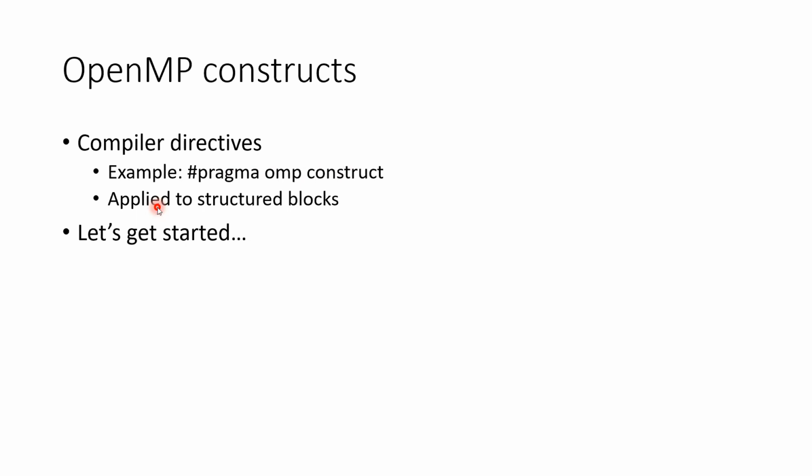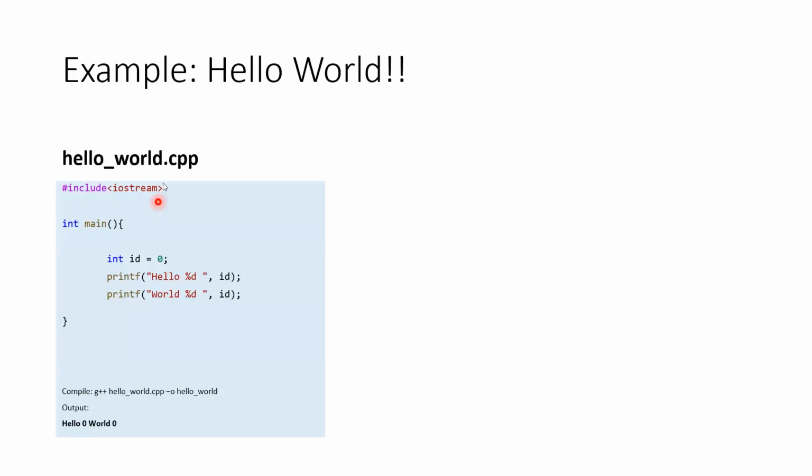So let's get started. Hello world. Whenever we learn any new language, we have to stick to hello world, because it never leaves the world. A simple C++ program: hash include iostream, int main, some variable ID, and we are printing hello, the ID, and world, the ID.